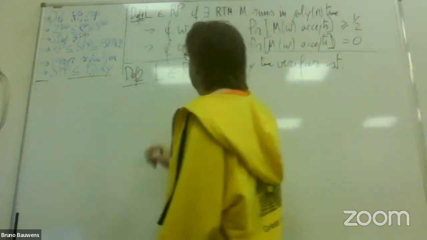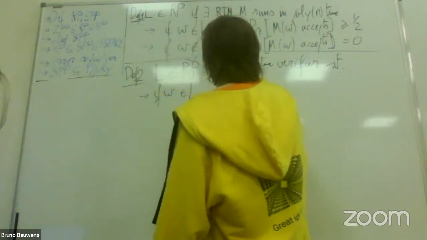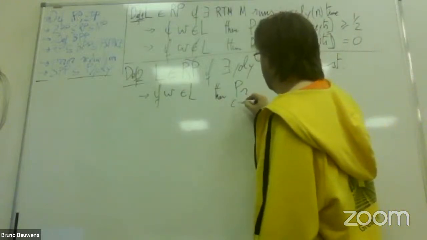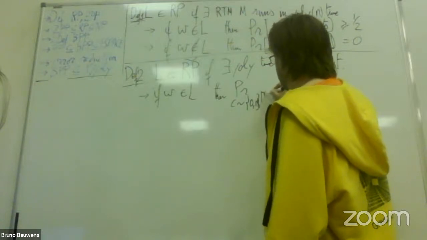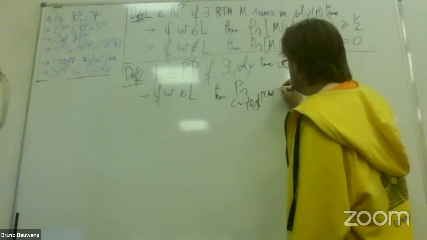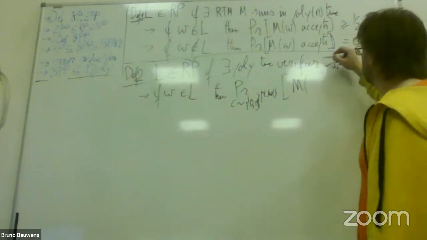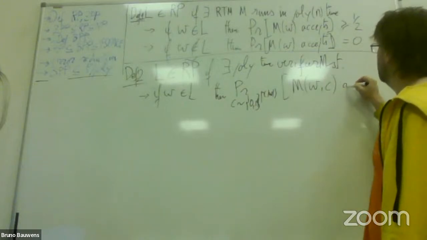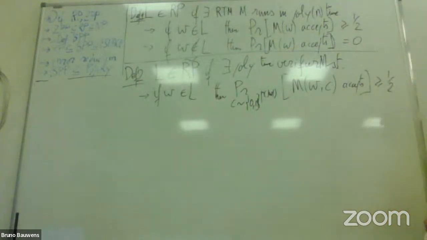Such that, the same thing: if W is in L, then the probability for a random second input, which I will call C in {0,1}^p(|W|), where p is a polynomial, that M on W and C accepts is bigger than 1/2.